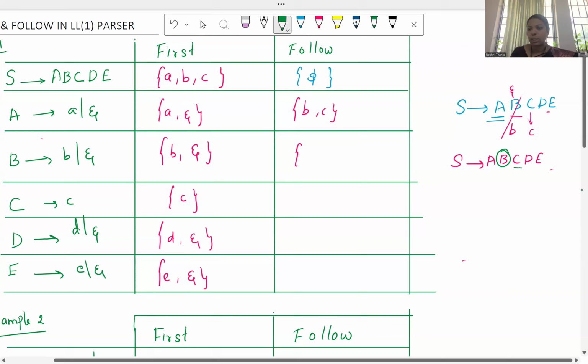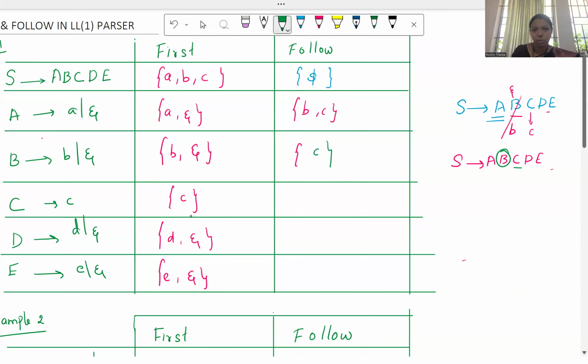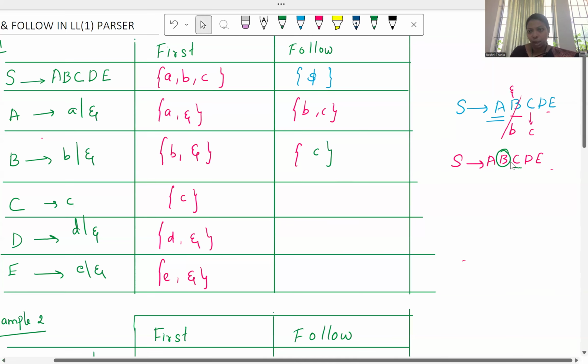It is only C. Since C is a capital or non-terminal, we have to see the first of C. What is first of C? C alone, nothing else. Because B is followed by C, and for C, the first of C is only C. Nowhere else in any of the productions do we have capital B. So that's it. Now, what is the next thing?